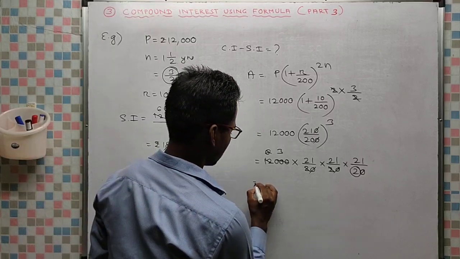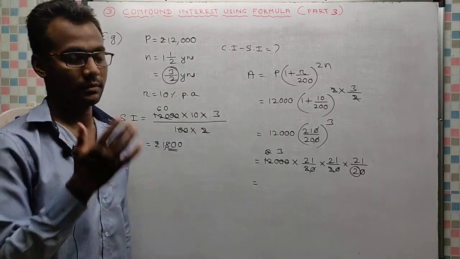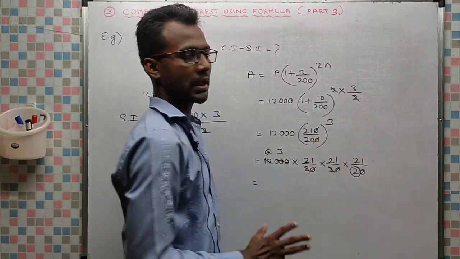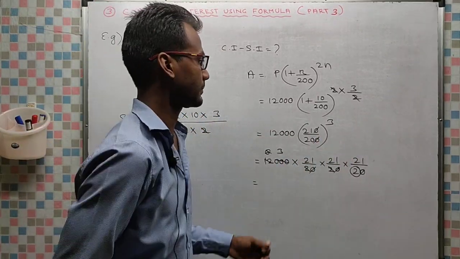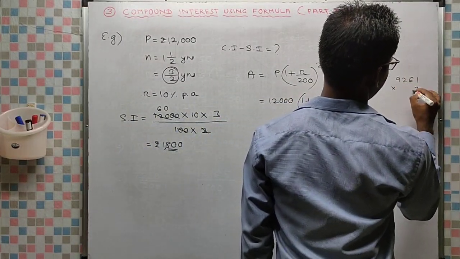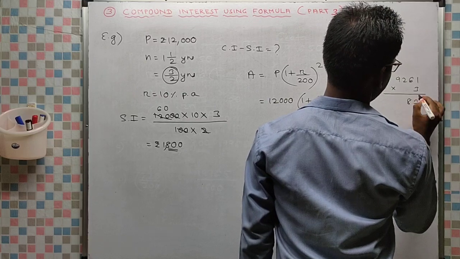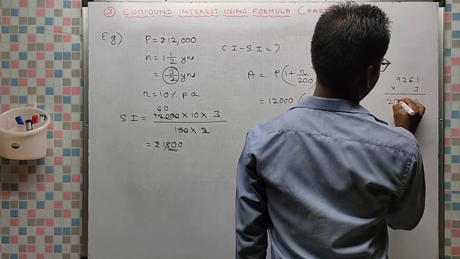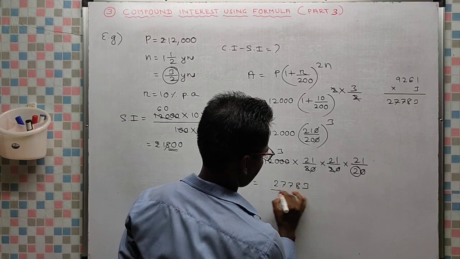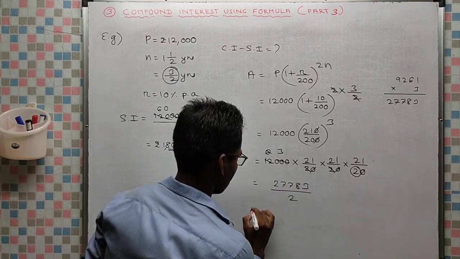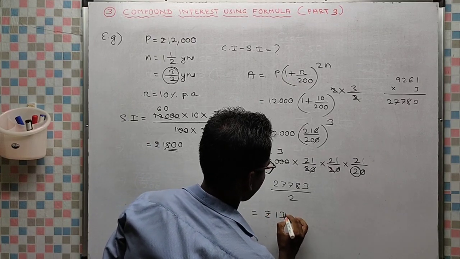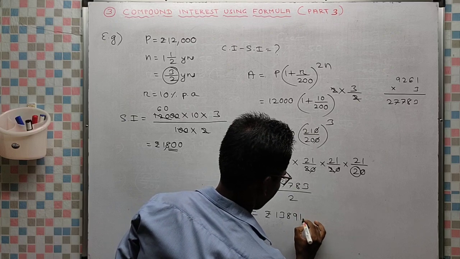Let us multiply this. 21 cube, 21 into 21 into 21, is 9261, into 3. 9261 into 3 is 27783 by 2. 2 are remaining. So the amount will be rupees 13,891.50.